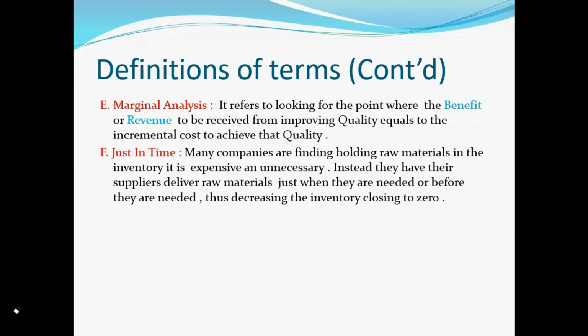Now, when we look at the term just in time, inventory always has to be zero in order to prevent contamination of your product and defect repair. Many companies find that holding raw materials in inventory is expensive and unnecessary. So instead, they need to have suppliers deliver raw material just when it is needed, and decrease the inventory to zero.